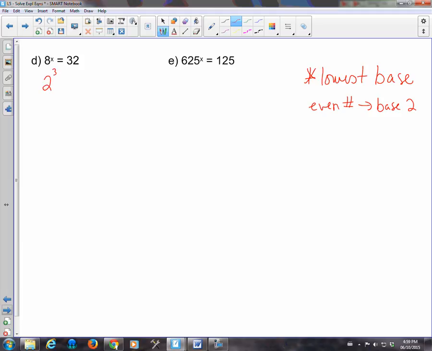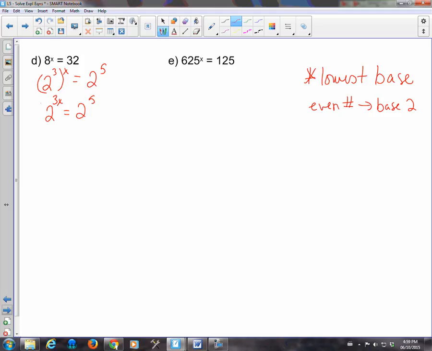I know 2 to the exponent 3 is 8. Don't forget the exponent that was already there, the x. And I know that 32 is 2 to the exponent 5. Just like we were doing with our change of base, because we have those two exponents, we're going to have to multiply our exponents. And multiplying 3 and x together, we get 3x.